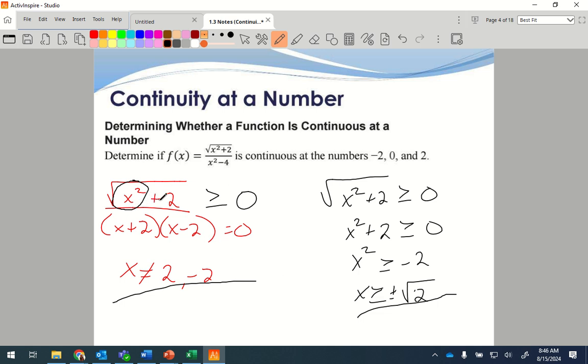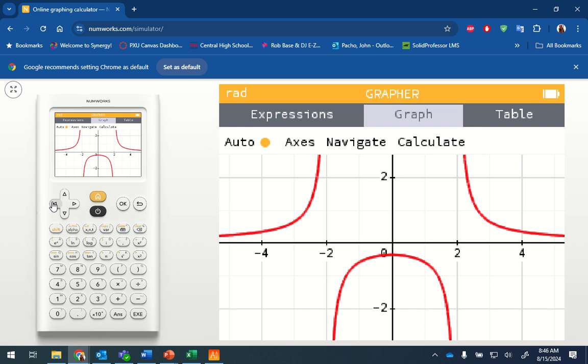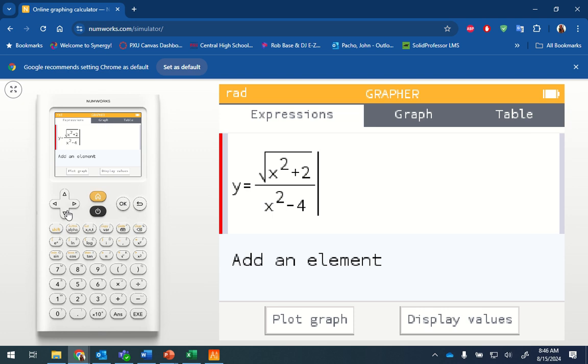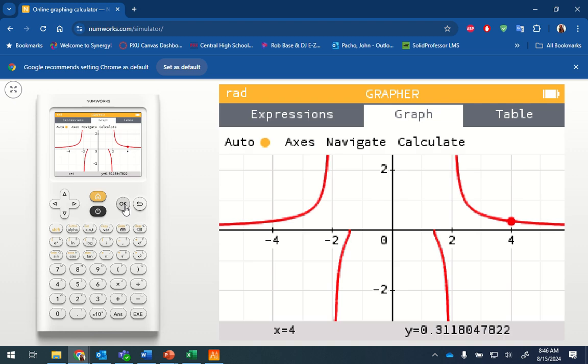If this was a -2, that would be a big difference. If it was a -2, it would change a lot.